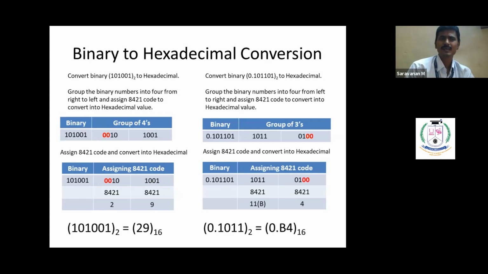So take that example, 101001. For the integer portion, we have to group from right to left. From the rightmost side, 1001 is one group.